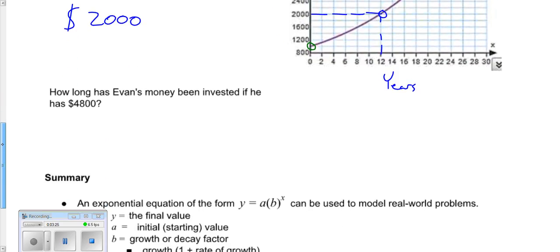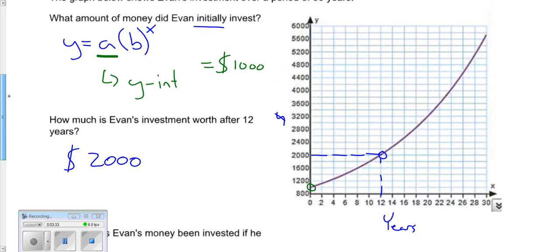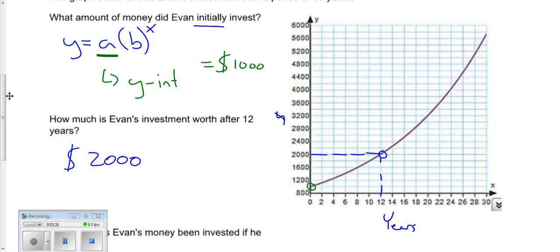The next question says, how long has Evan's money been invested if he has $4,800? So I can do the same thing that I just did, just in reverse. So this time, I'm going to take a look at $4,800, and I'm going to do my dashed lines coming across. And then I'm going to go down. So it intercepts roughly about there.